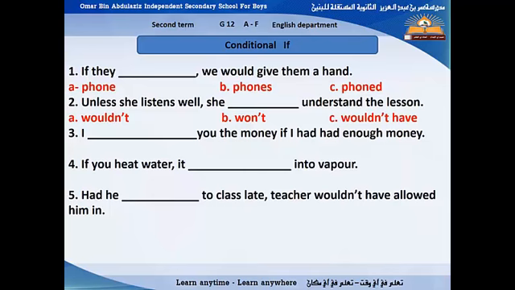Which case do you think? We have had plus past participle, so this is the third case because this is past perfect. So here we are going to insert would or should or could or might or whatever plus have plus the past participle. Let's have a look at the choices.